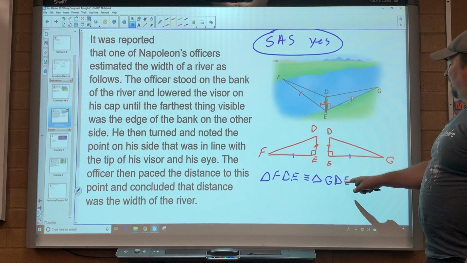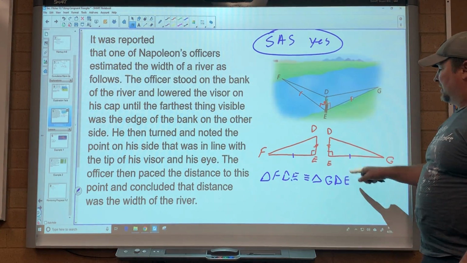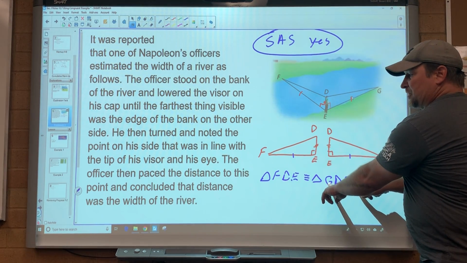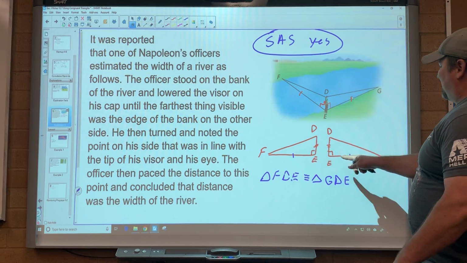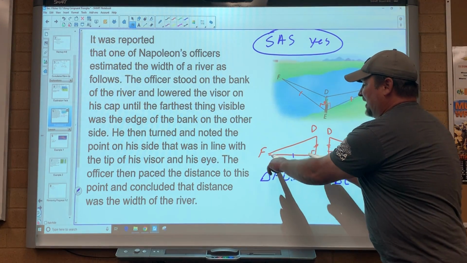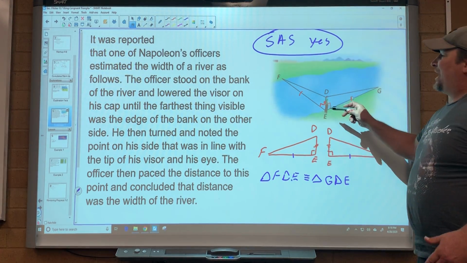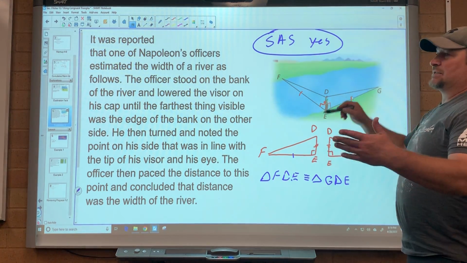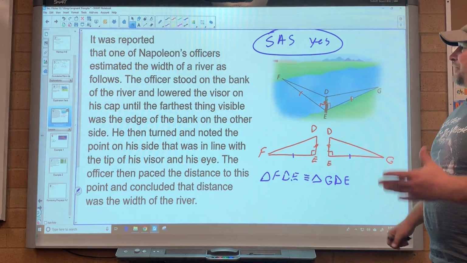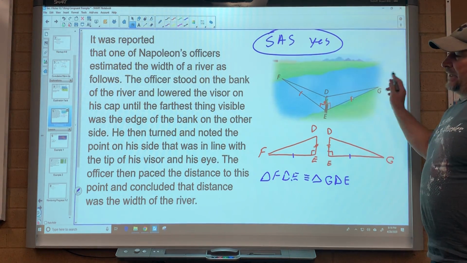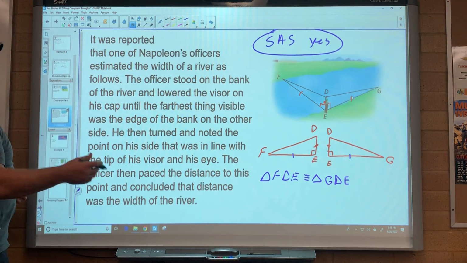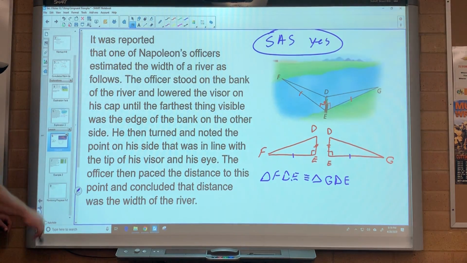And if GE, so look at this, G to E, those two letters are the two farthest ones apart. If that is the same distance as F to E, then he's got it. And so without actually having to measure across the river again, they would have that distance across the river just by walking up the bank. So that's how he would have done it. So we're proving that by side, angle, side.